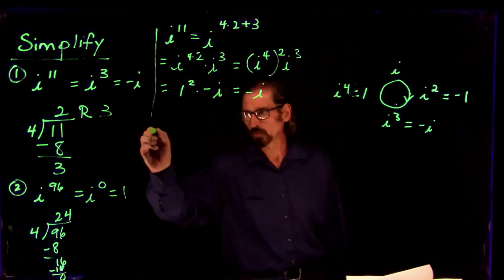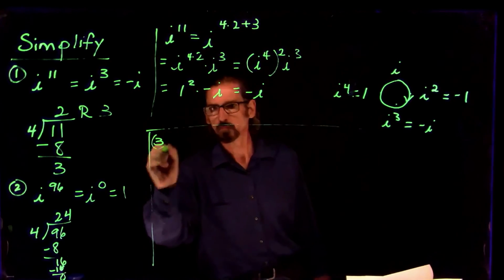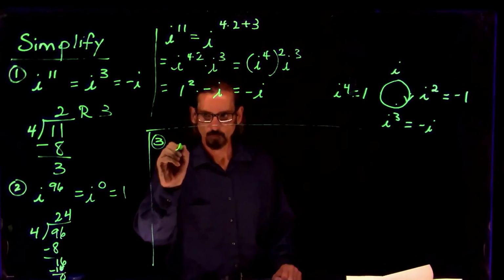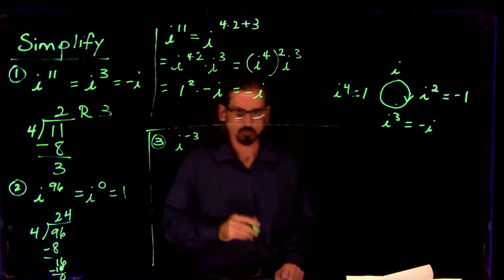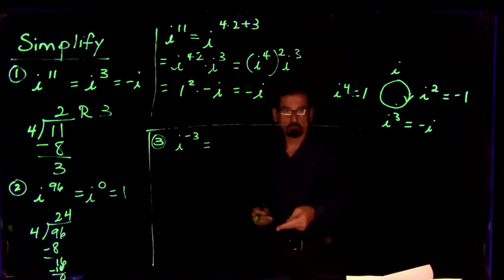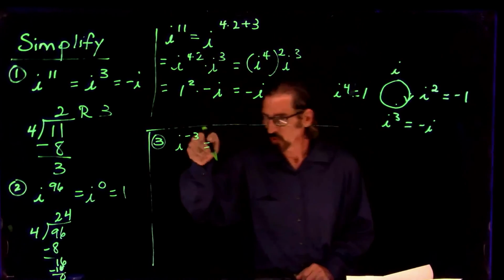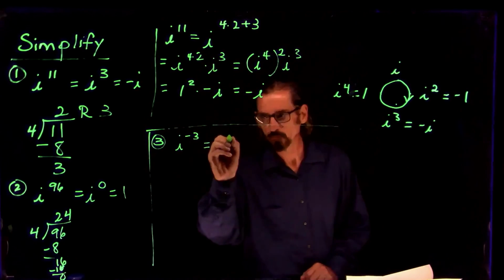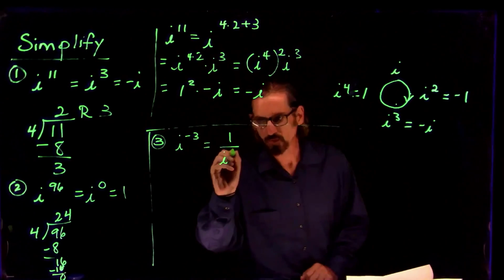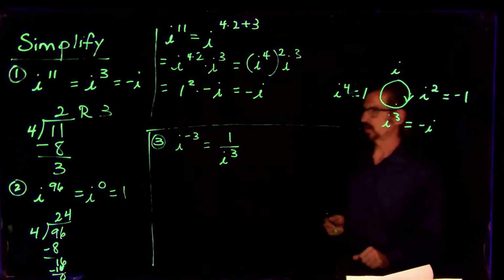And for our last example, simplify i to the negative 3. One approach, again, same as when we're working with real numbers: you have a negative integer as an exponent, we write i to the negative 3 as 1 over i to the positive 3. i to the third we have is negative i.